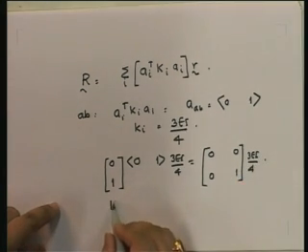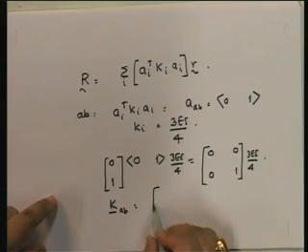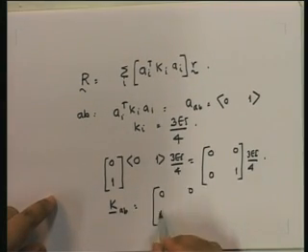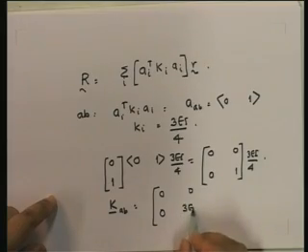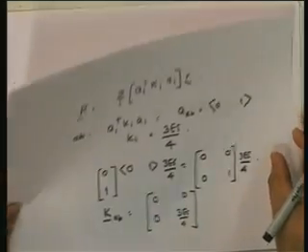So the contribution of AB is 0, 0, 0, 3EI by 4. Similarly, we can find out for BC.